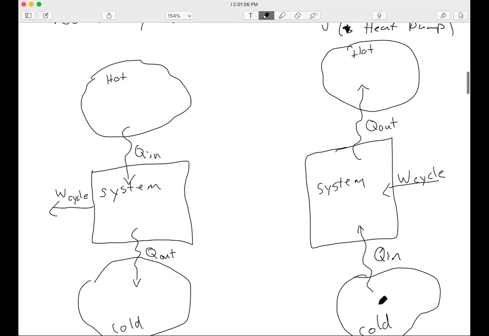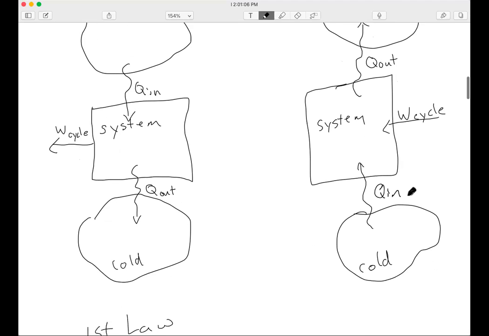And what it does is it draws heat, sucks it out of the food, dumps it into the fluid, and then eventually ejects it and vents it into the kitchen. That's why your feet get warm underneath your refrigerator door. To make this happen, though, it isn't for free. You have to plug it in. So there's work being added to your cycle. Usually it's electrical work.